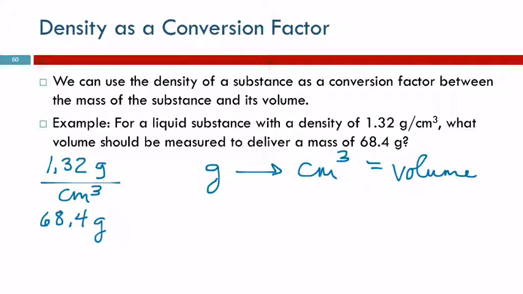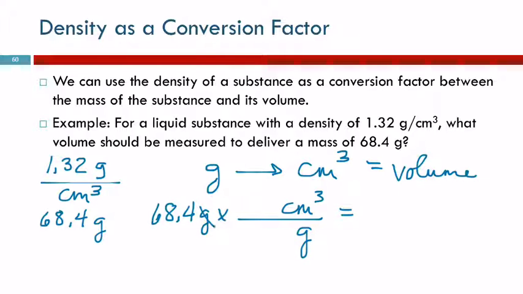So I'm going to take 68.4 grams. My path is simple. It's just one arrow. I'm going to have one fraction here, and that equals something. Grams to cubic centimeters. So down here, grams to cubic centimeters. I want this gram to go away, so I'm going to divide by grams because I want those to cancel out.